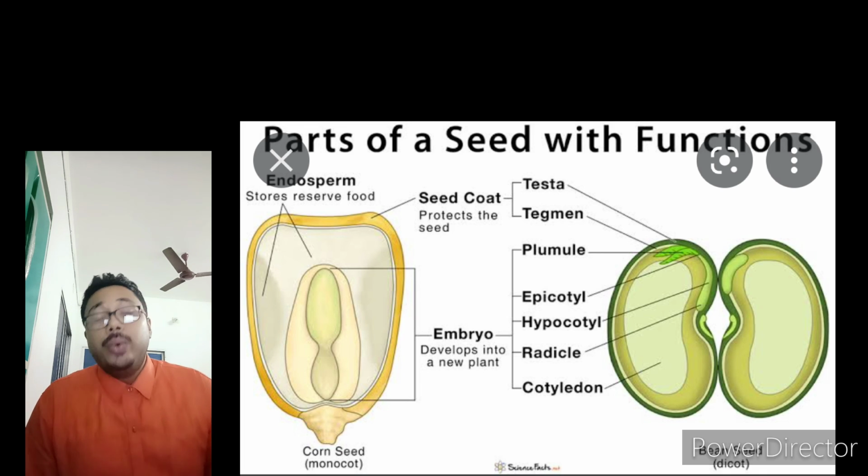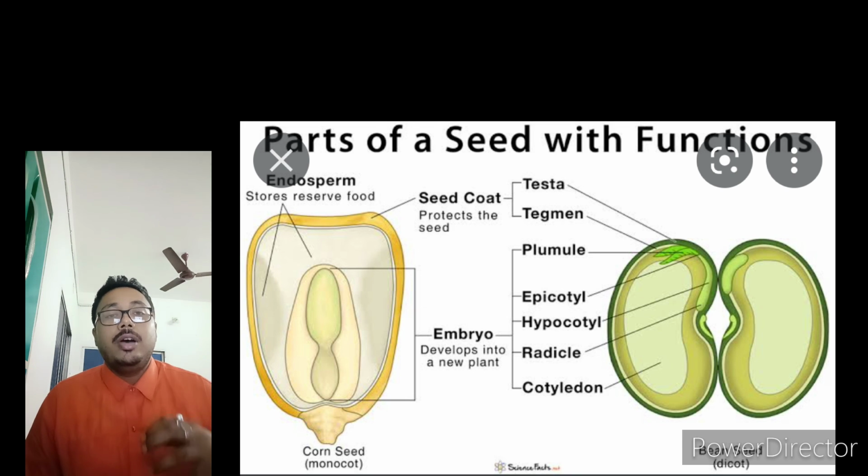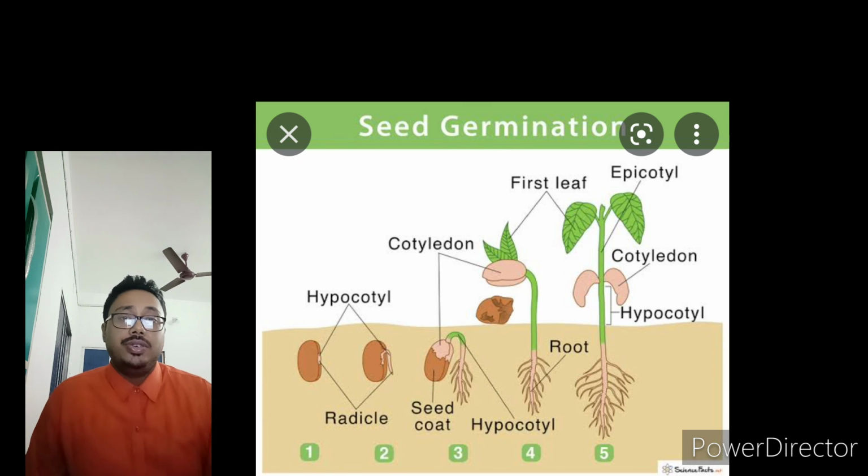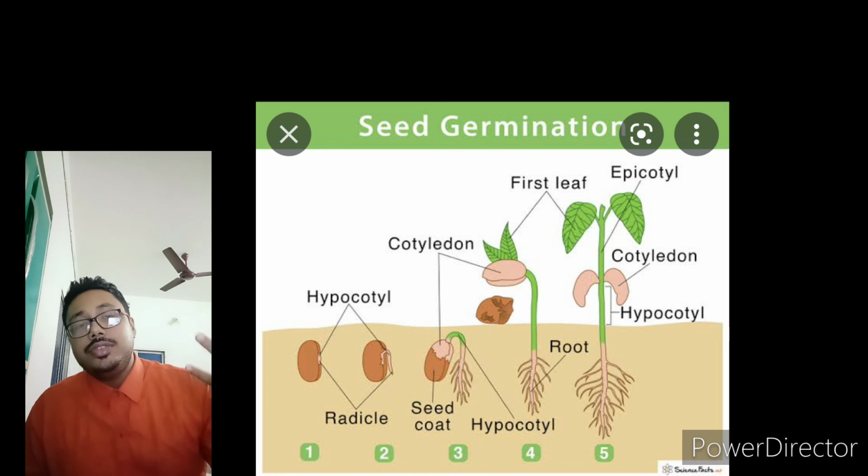Now, when these seeds get proper nutrition, they will develop into a young plant, a new plant, and after it gets mature, it again comes to the sexual reproduction phase, and again it will reproduce and give a new organism.